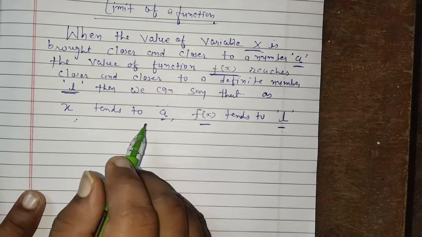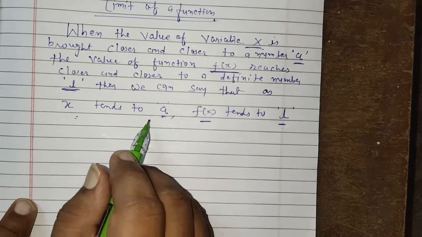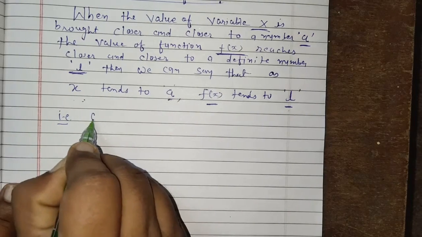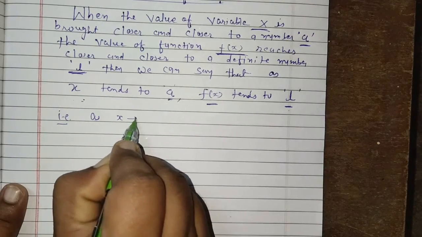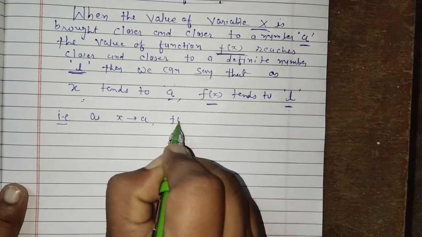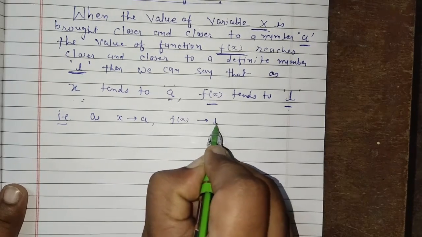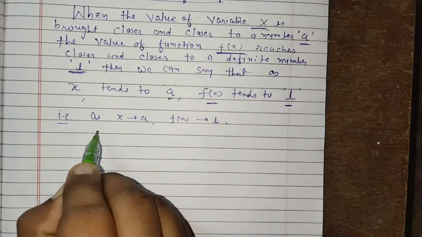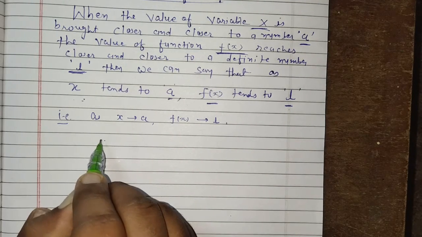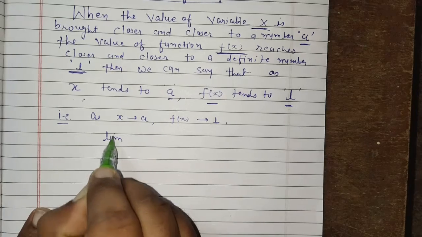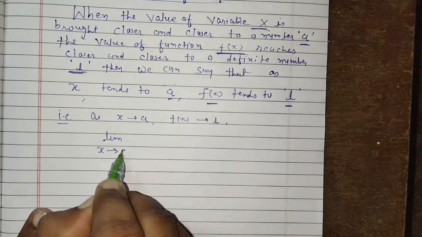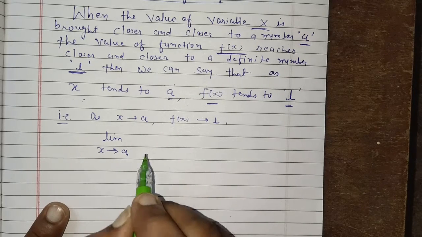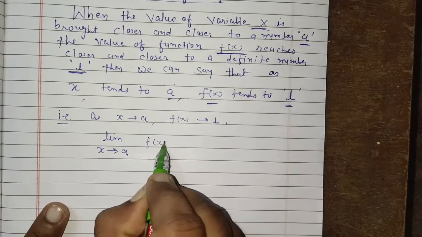So in other words we can say in short, as x tends to a and f(x) tends to l, symbolically we can write it as limit x tends to a, but not exactly x equal to a, then f(x) is equal to l.